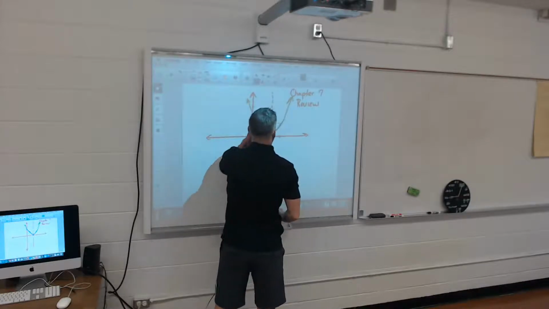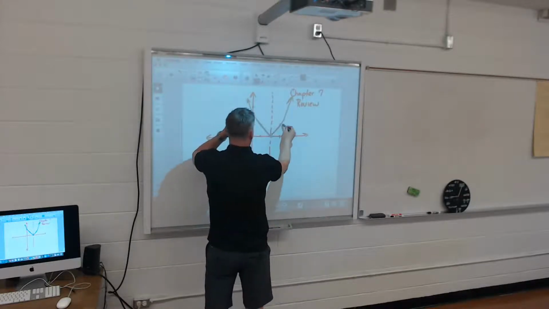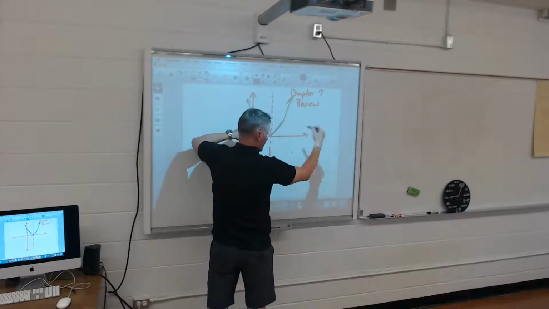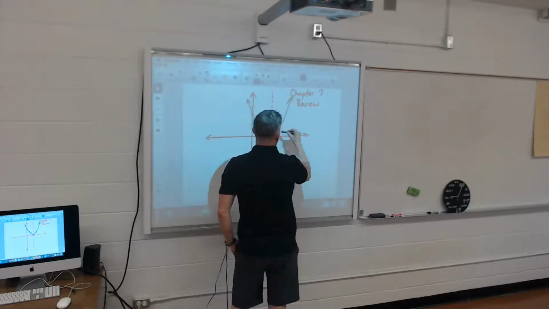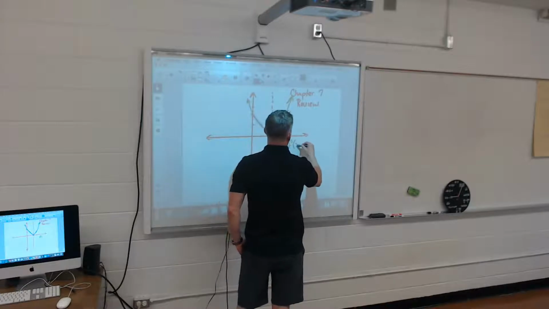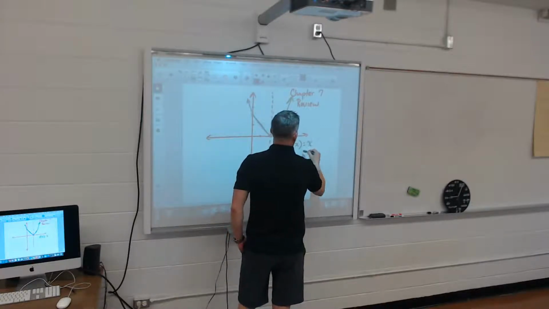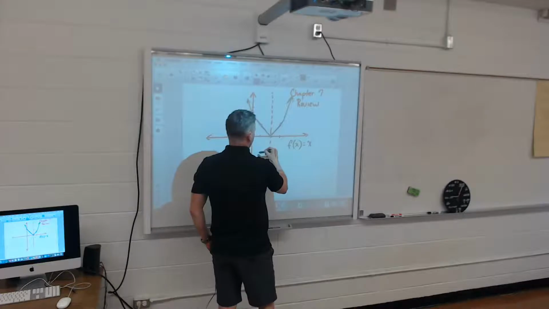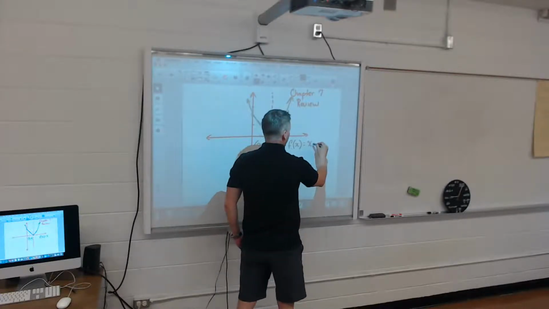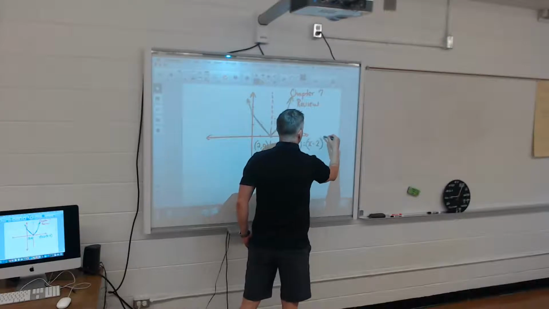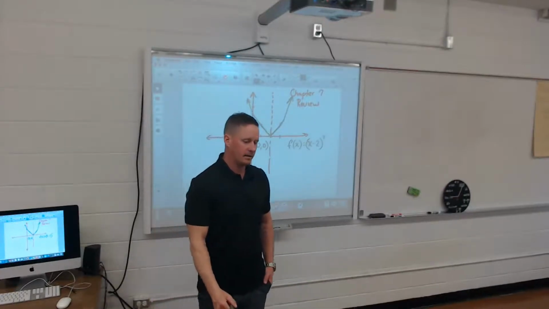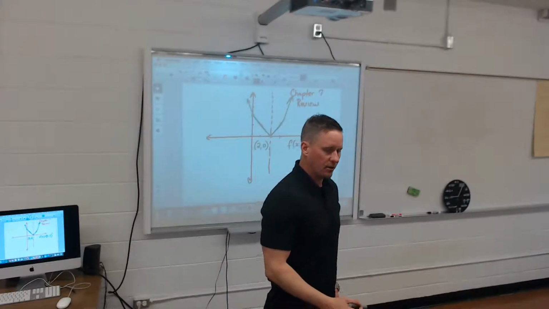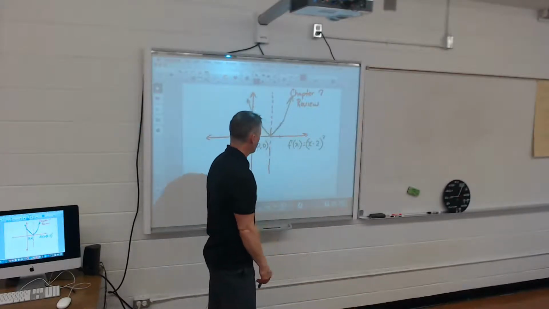Okay. And because it goes over one to the right and up one, and on the left side the same, I'm going to assume then that f of x is equal to x squared, and if this is the vertex of my parabola, 2 and 0, that means my equation is x squared, and then add 0, right? Because my h and k are 2 and 0 there.